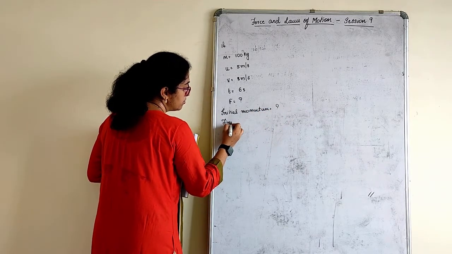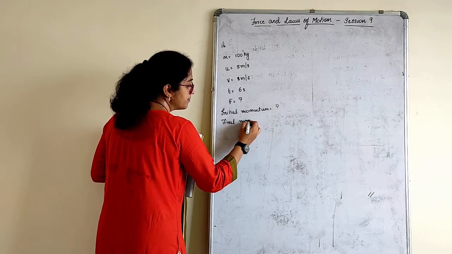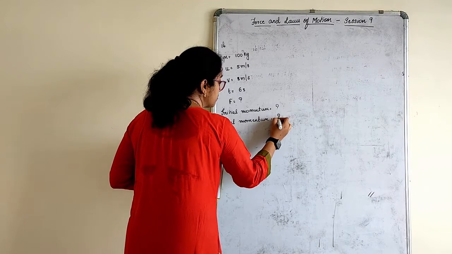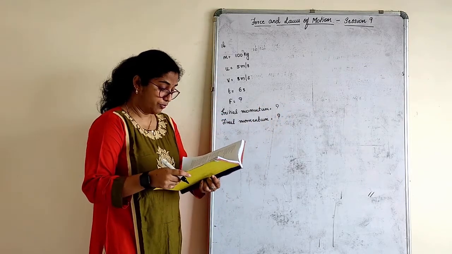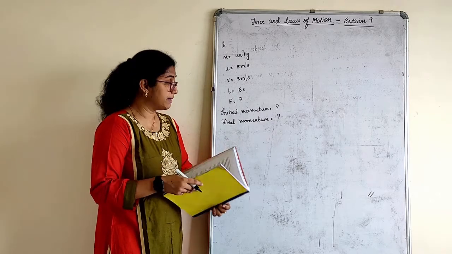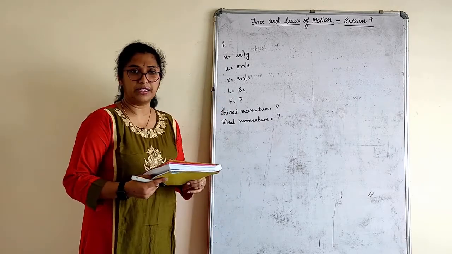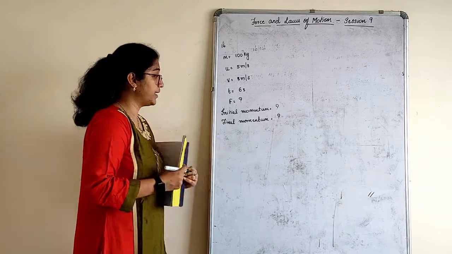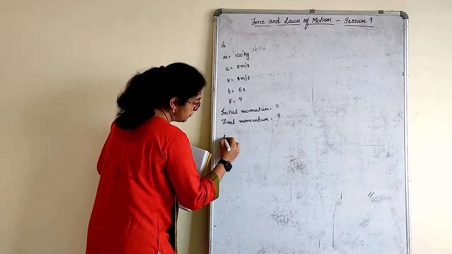Also, final momentum, question mark. These two we have to find out here. And we have to also find out the force exerted on the object. Why do you think they have given time here, children? Because to find force we require acceleration. That's why. Let's find out with respect to this.